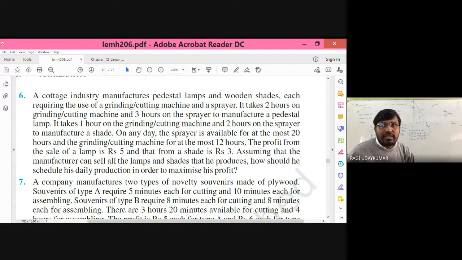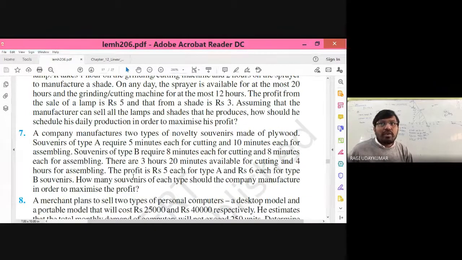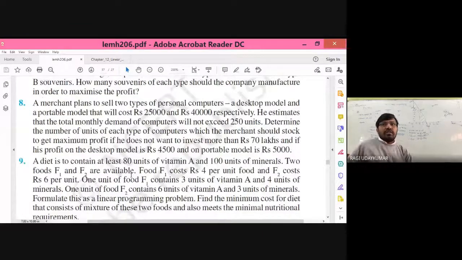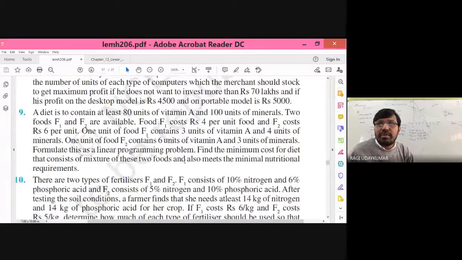These are the two things given to you, and everything is given in hours. You need to find the maximum profit. It is also a simple problem. All the models here are similar, and there is no difference in these simple problems. Yes, you can do all of them.